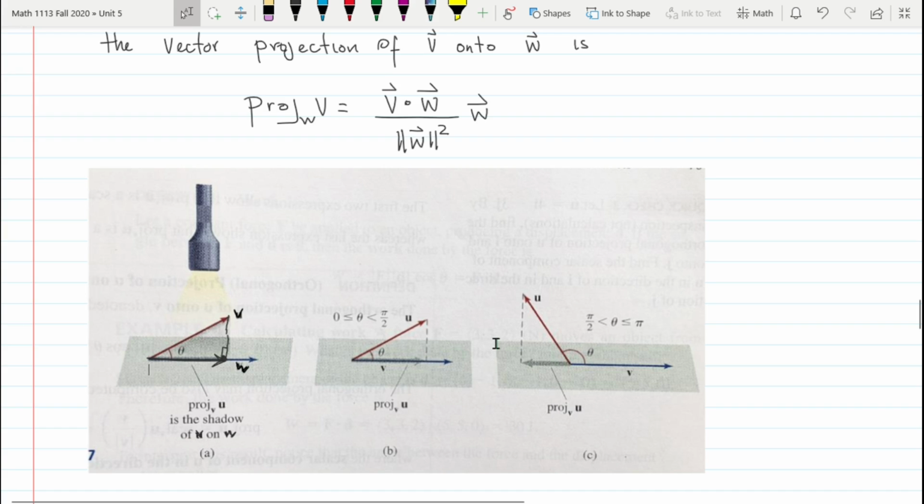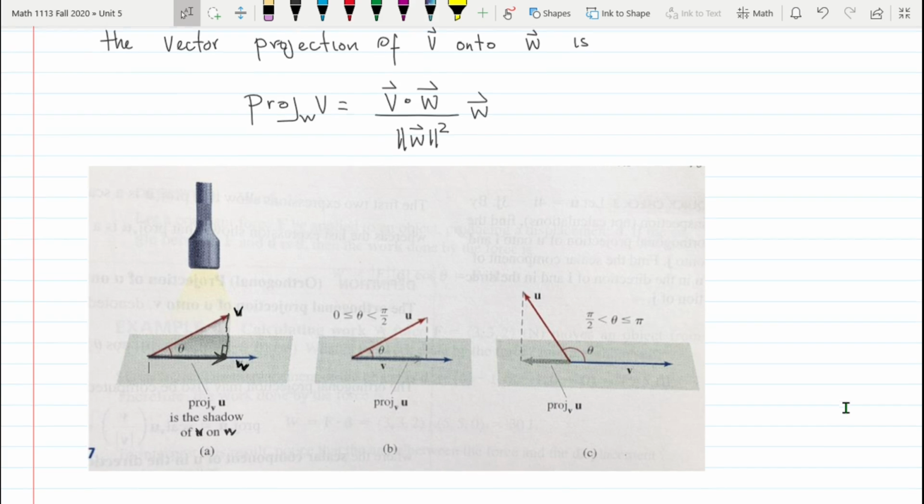However, if the angle is greater than 90 degrees but less than 180, then you're going to have something like this, where the vector is actually pointing somewhat in the opposite direction. Therefore, the projection is going to be a negative vector. Hopefully that makes sense.